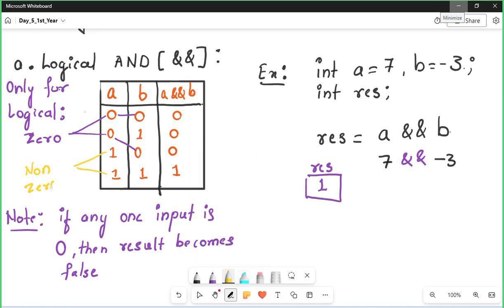These 1s on the input side in the input table are called non-zero numbers.